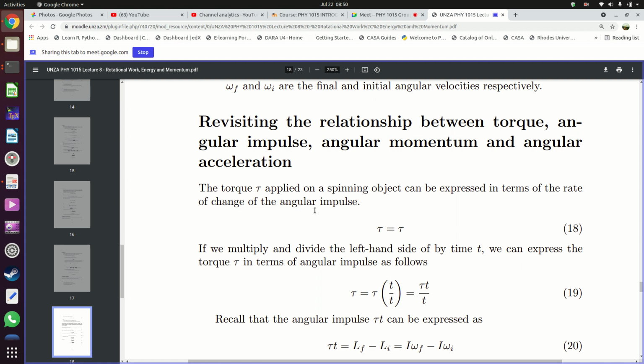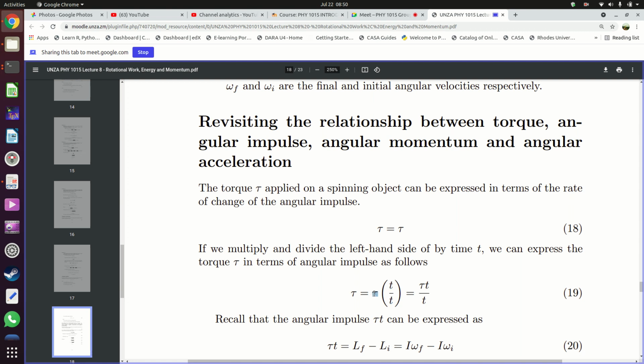So you can express the torque in terms of angular impulse: you multiply by t and divide by t. Basically you haven't done anything, it's just the same thing.